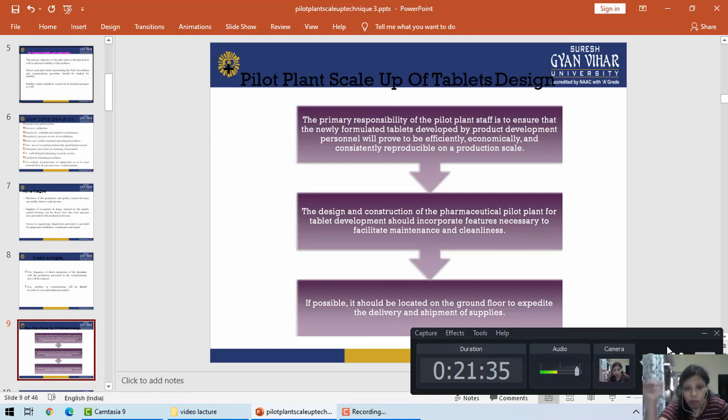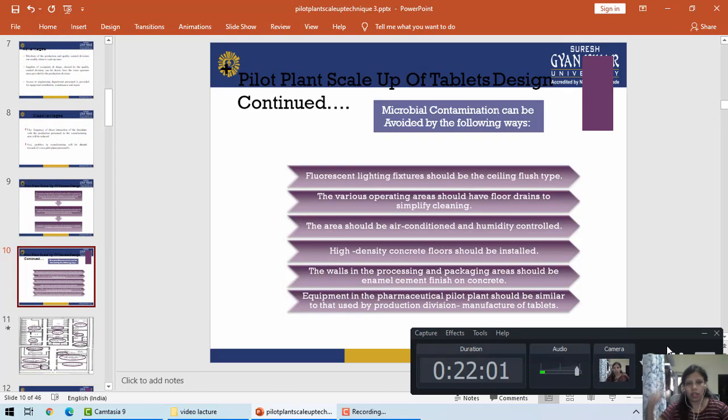If possible, it should be located on the ground floor to expedite the delivery and shipment of supplies, because of easy transfer of material, easy suppliers and easy shipment, it should be on the ground floor of the company or plant.